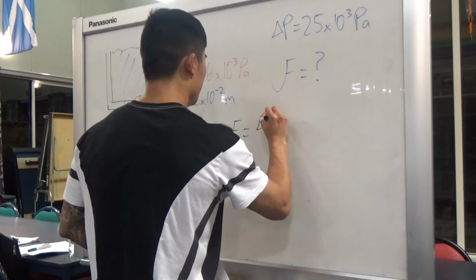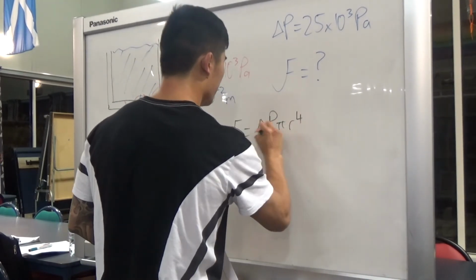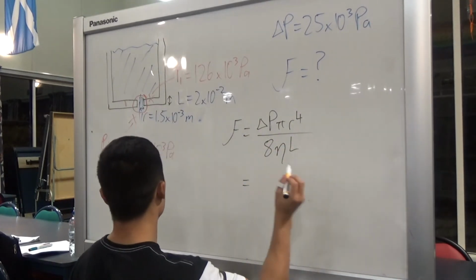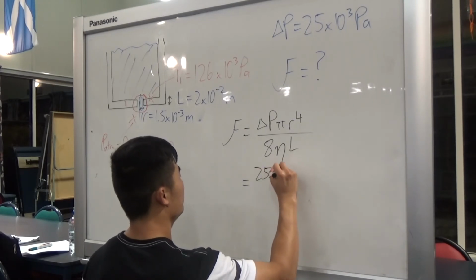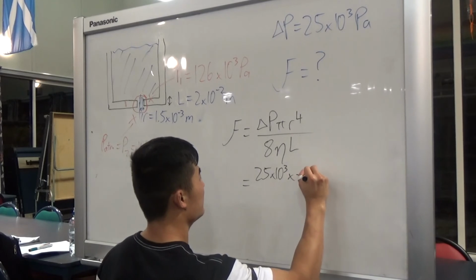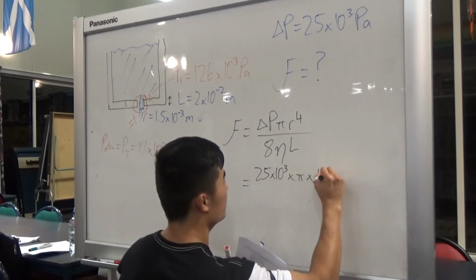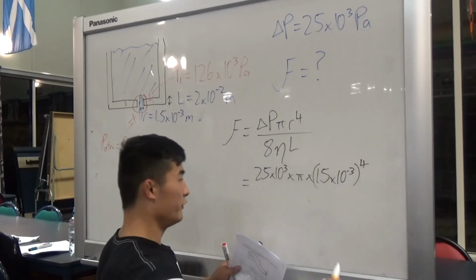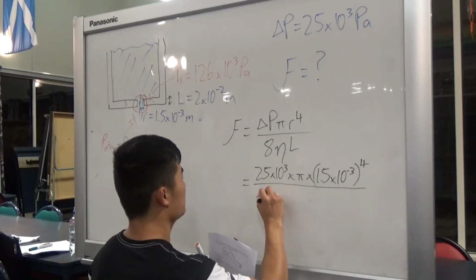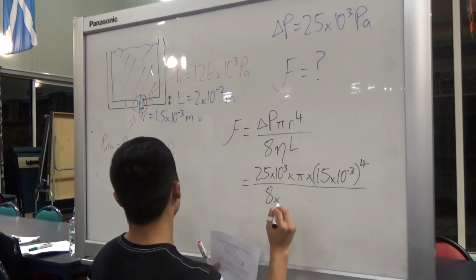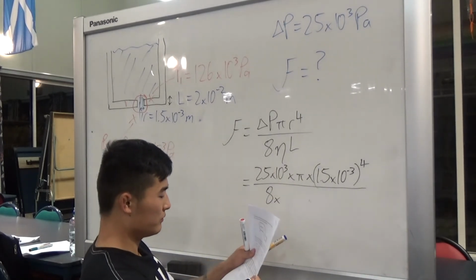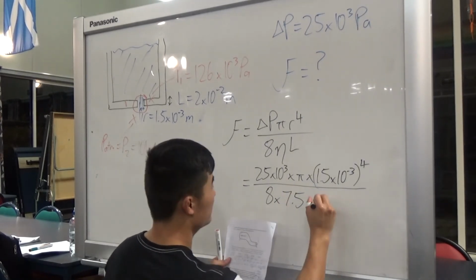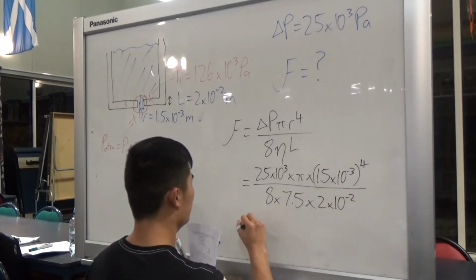Volume flow rate is equal to delta P times pi times r to the 4th over 8 L. So delta P was 25 times 10 to the 3, times pi, times our radius, which is 1.5 times 10 to the negative 3, to the power of 4, over 8 times our viscosity, which they tell us is 7.5, and our length is 2 times 10 to the negative 2.